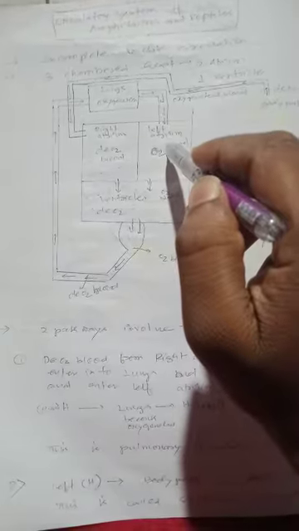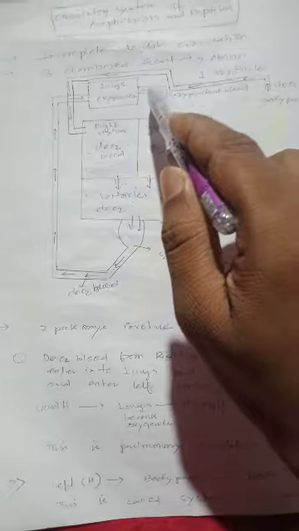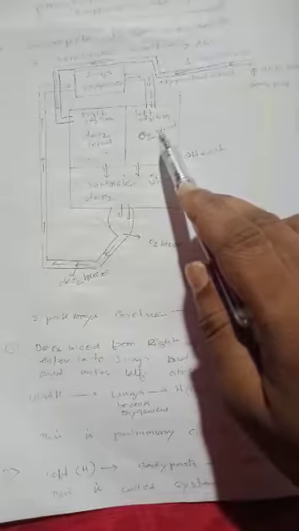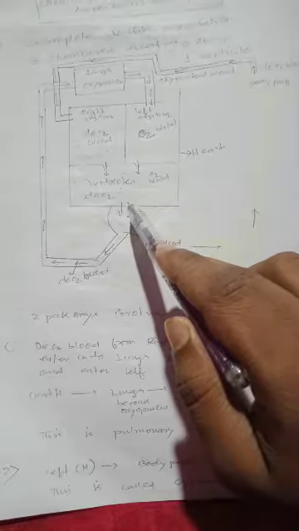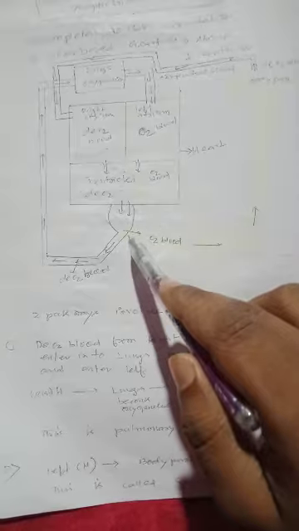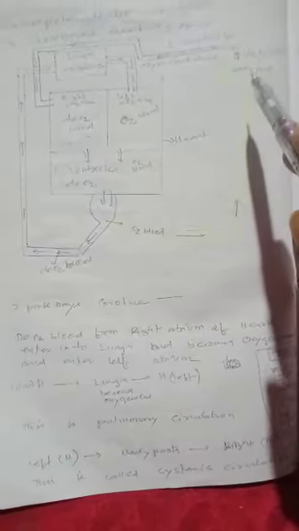oxygenated and goes into the left atrium. From the left atrium, blood enters into the ventricle, from where oxygenated blood goes into the body parts.